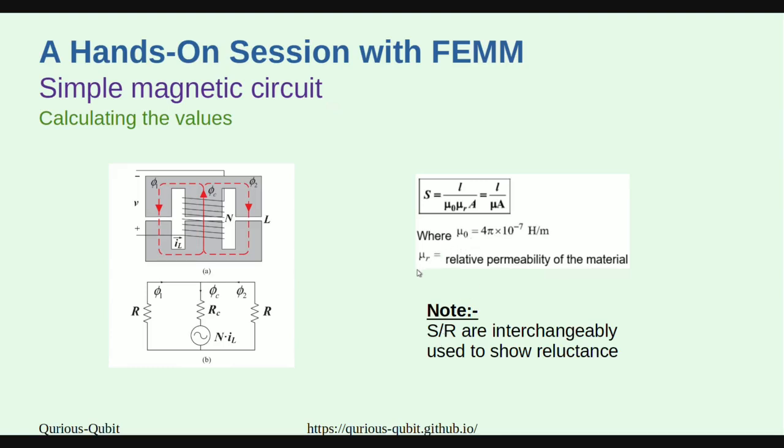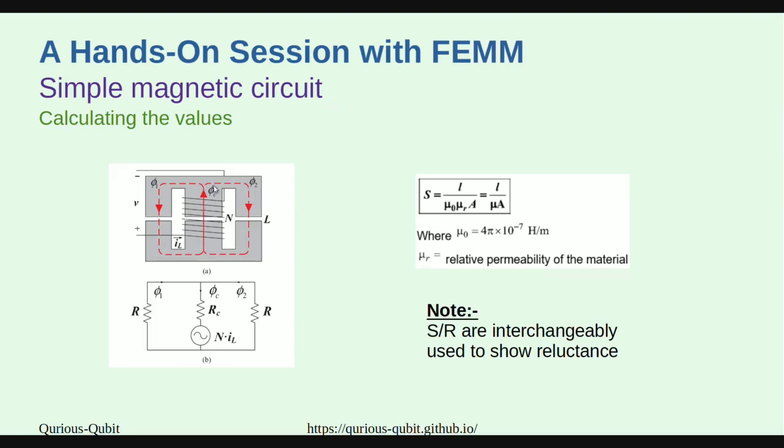And mu is the permeability. We assume that the core is infinitely permeable for this calculation. But in real life, we know that the permeability is not infinite. Surely there will be different permeability based upon different saturations and flux densities. As you know, a core is nonlinear, iron is nonlinear, with saturation points, knee points and all.